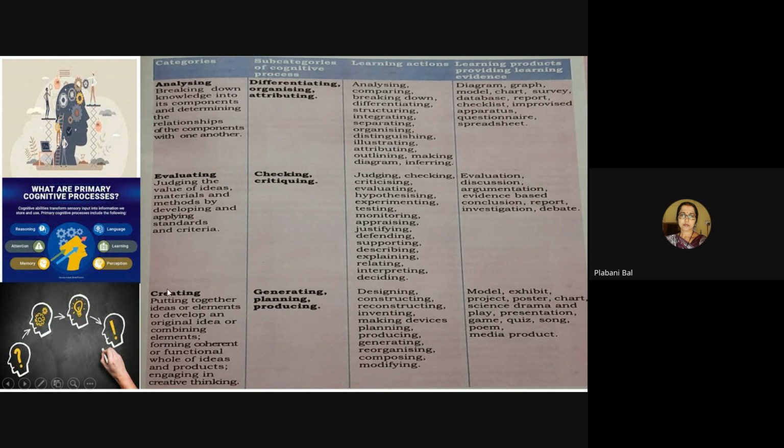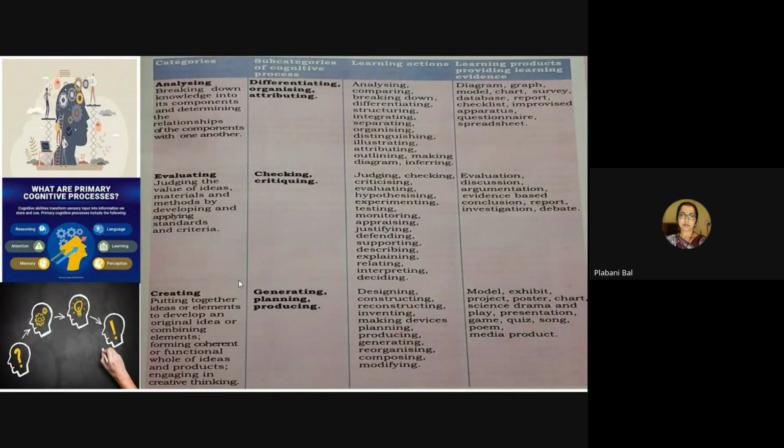Then next is creating, which is the higher form of objective, and the last step in the hierarchy. Create means putting together ideas or elements to develop an original idea, or combining elements, forming a coherent or functional whole of ideas and products, engaging in creative thinking.